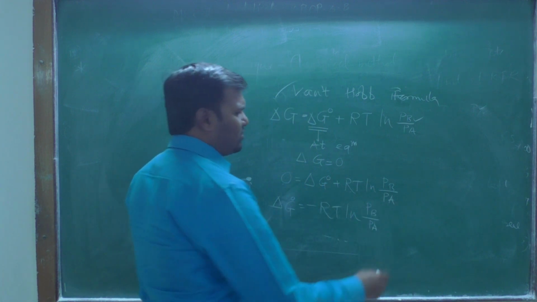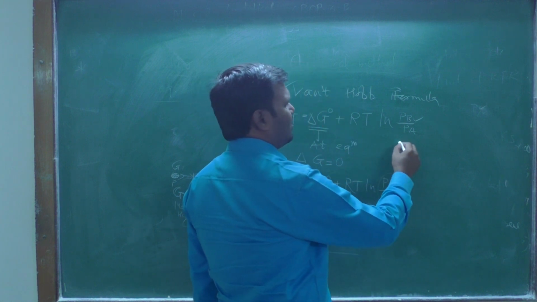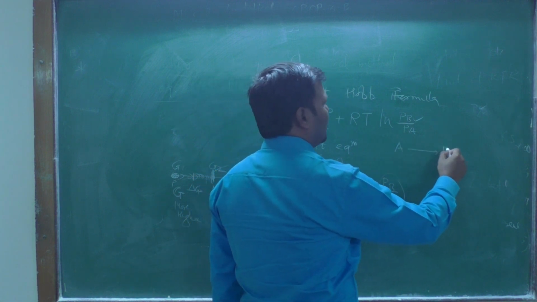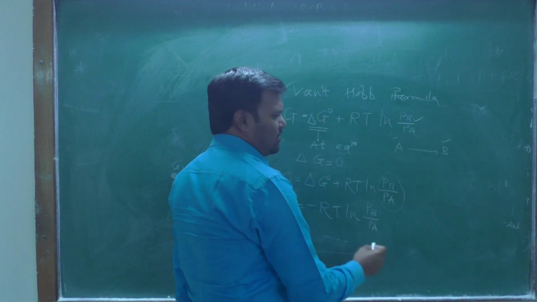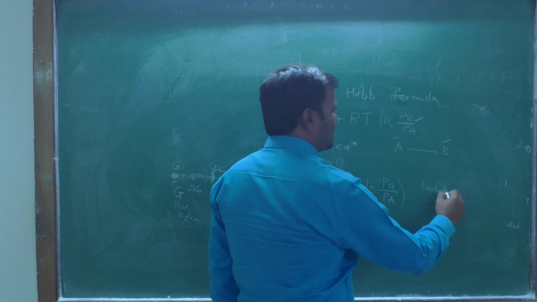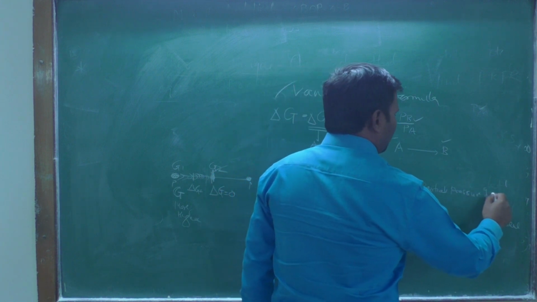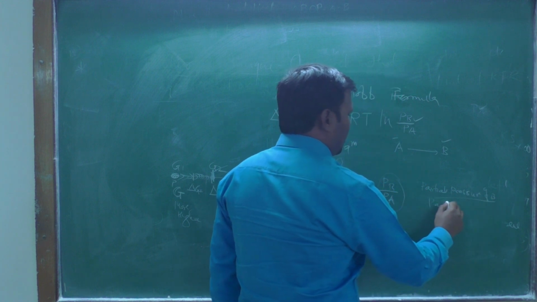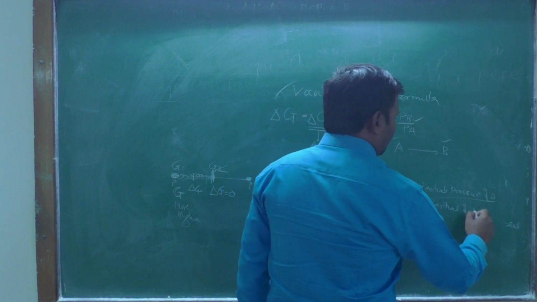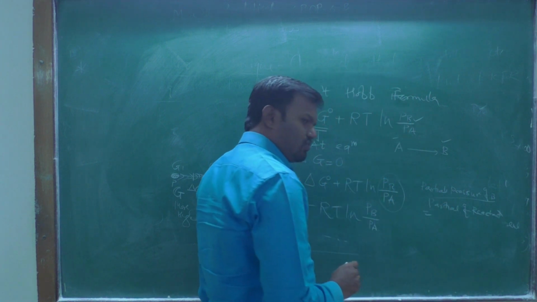We have studied that this is obtained for the reaction A gives the product B. Therefore, PB is the partial pressure of product B and PA is the partial pressure of reactant A.